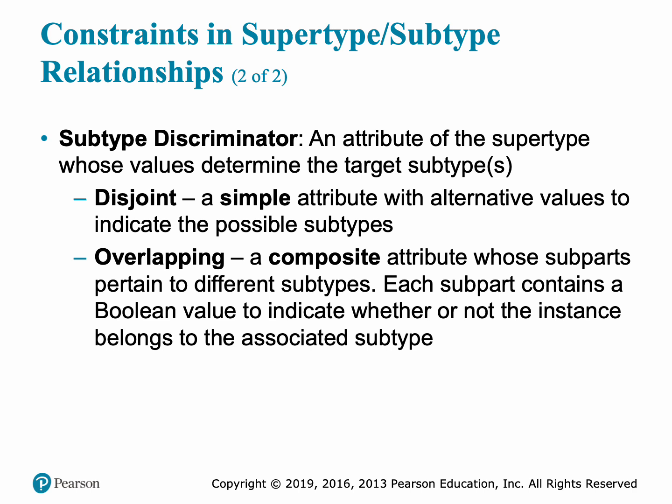We will also be looking at the covering constraint. The covering constraint is a combination of total participation and disjointness constraints. It ensures that every instance of the supertype belongs to exactly one subtype. This constraint is useful when you want to guarantee that every general entity has a unique and specific role or category.